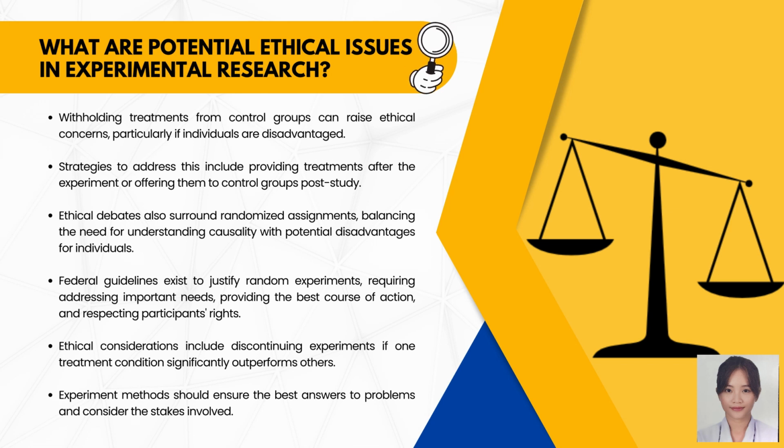Another is that ethical considerations include discontinuing experiments if one treatment condition significantly outperforms others. And lastly, experiment methods should ensure the best answers to problems and consider the stakes involved. Overall, ethical issues in experimental research require a delicate balance between scientific rigor and the protection of rights and welfare.